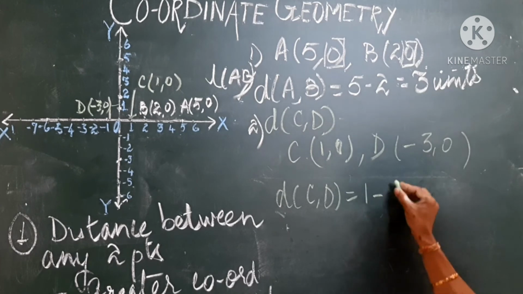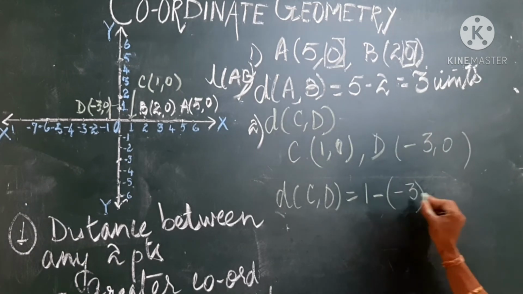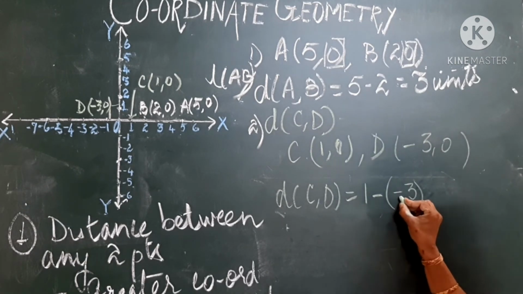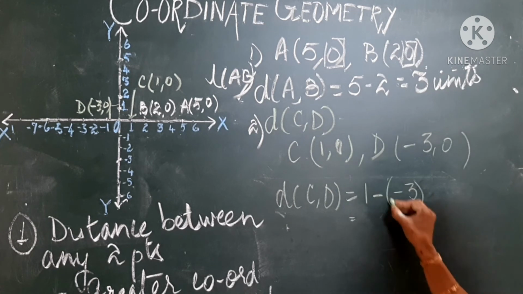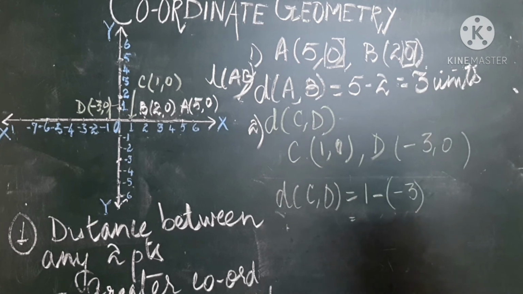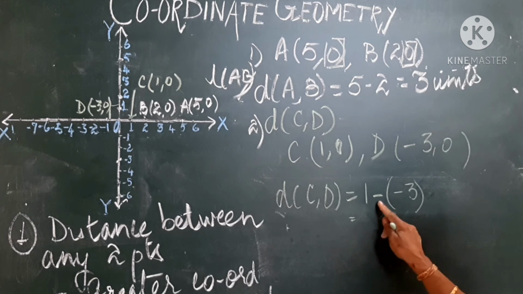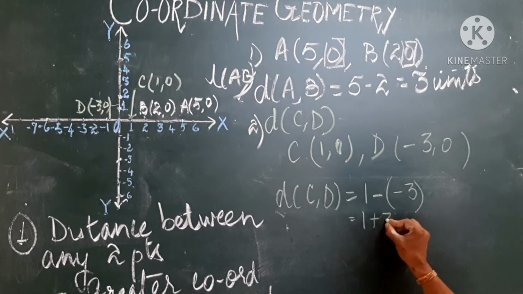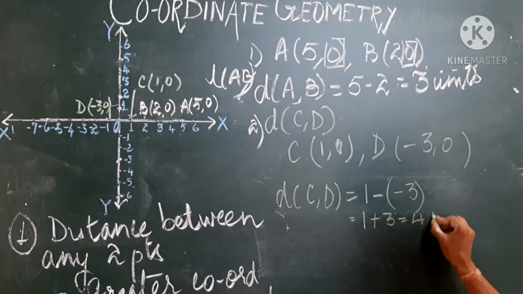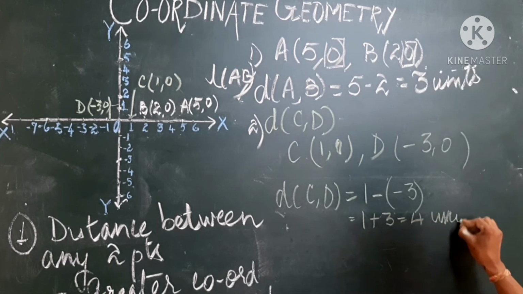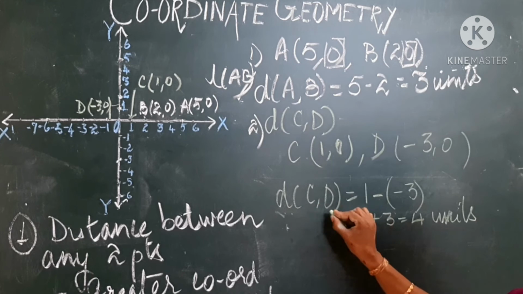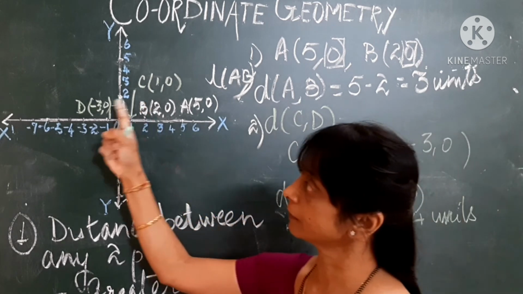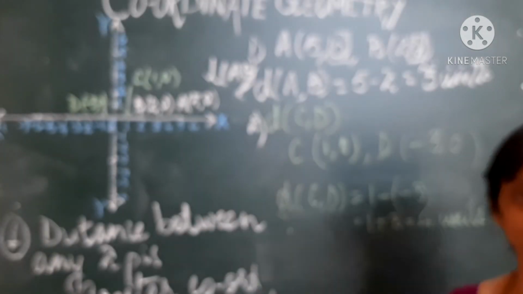The smaller coordinate also has a negative value, so we should not forget the negative sign. The operation of multiplication is taken when you open the bracket. So 1 minus into minus gives me plus, which is equal to 4 units. So distance CD is equal to 4 units, or length CD is equal to 4 units.